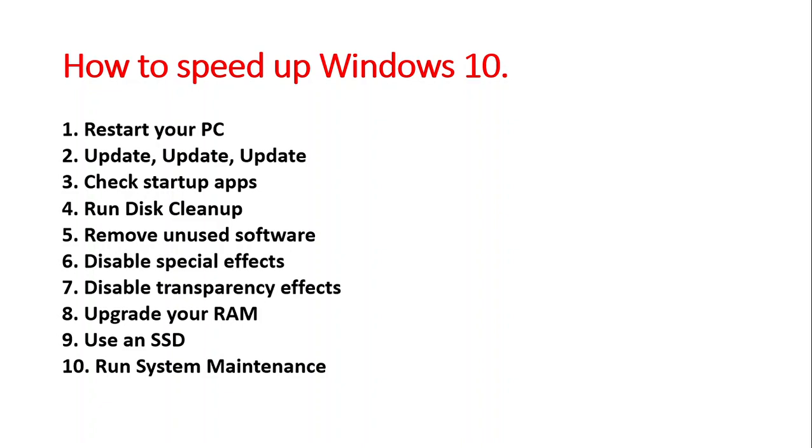So if you think that something is wrong with your PC, then you can run the system maintenance manually. So that's it, guys. These are all the points which can boost your system, increase the performance of your system, and improve the booting process.